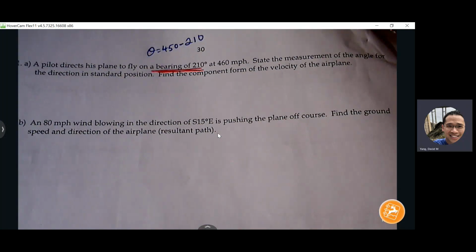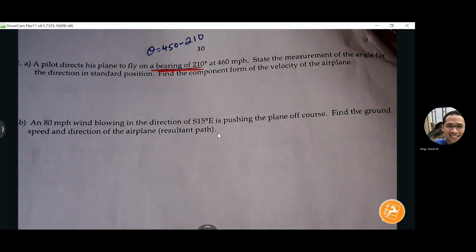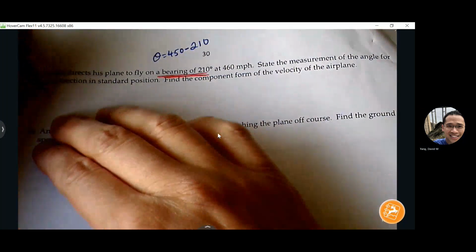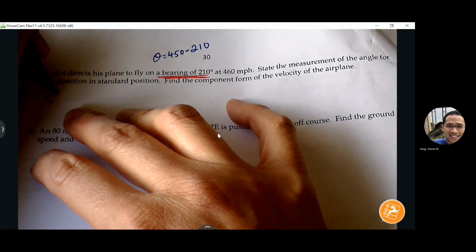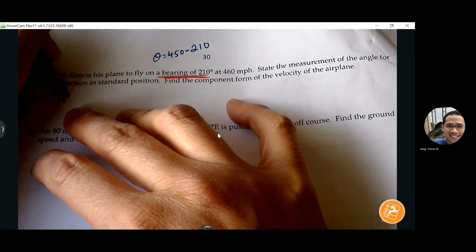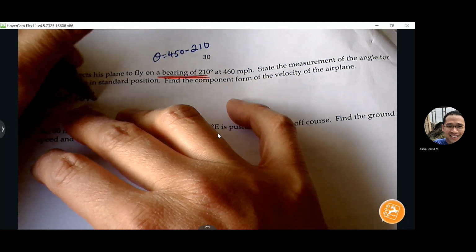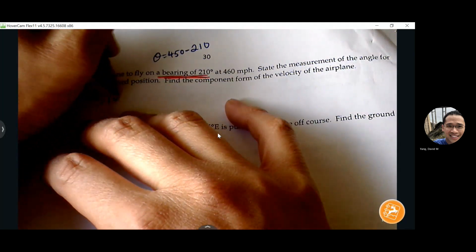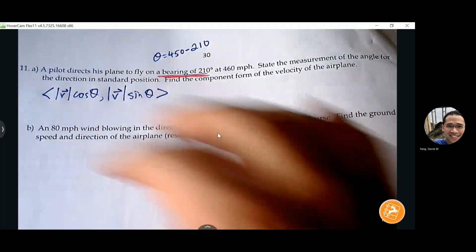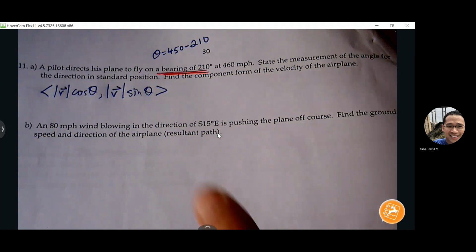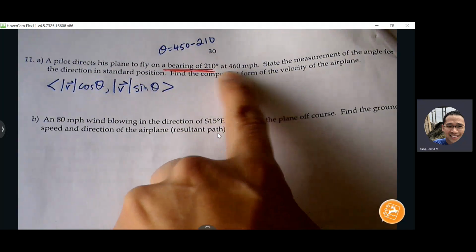All right, so now it's easy, right? You can find your theta, you have your magnitude, component form. 460 miles per hour, that's your magnitude.